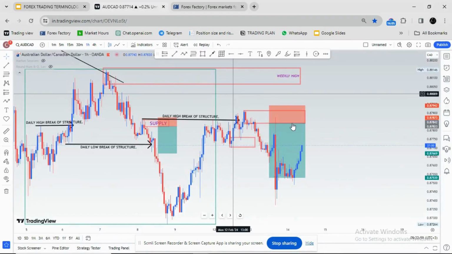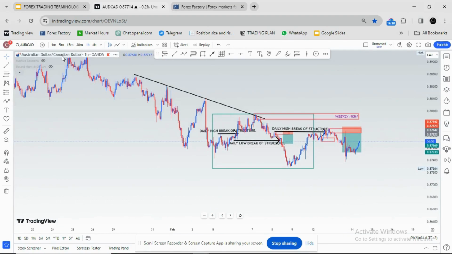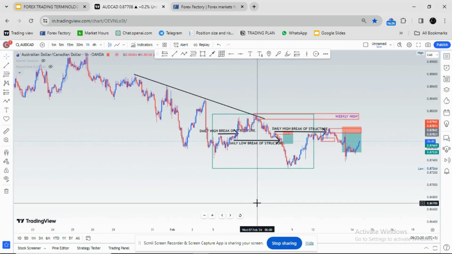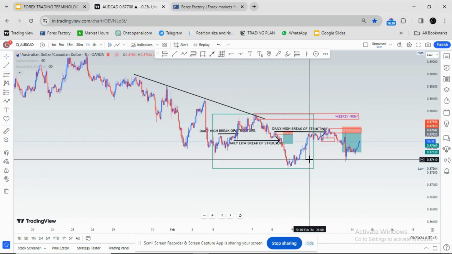I'm going to show each and every one of these. So, for example, this is Australian dollar versus Canadian dollar, AUD/CAD. This one has been bearish, has been in a bear market because it's moving down.